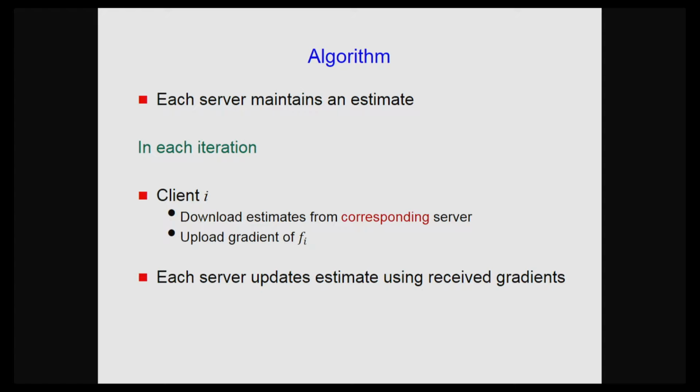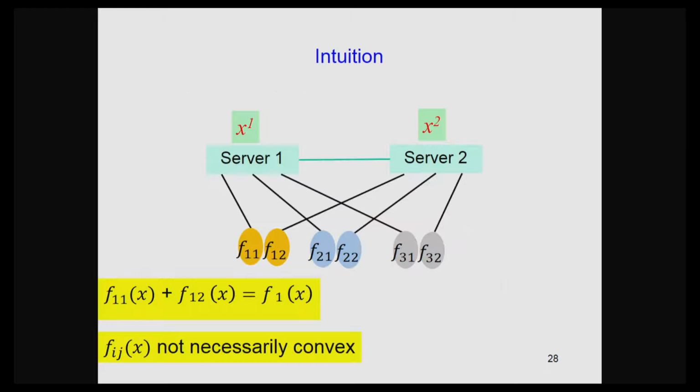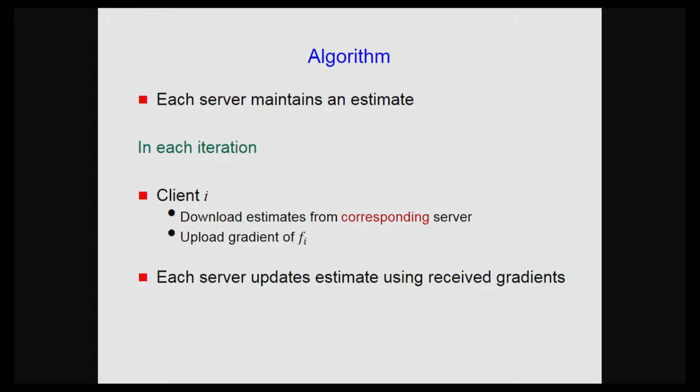Each server maintains an estimate. Each client downloads the estimate. And when I say each client now, I mean each of these simulated clients. Each client downloads the estimate from his corresponding server and computes the gradient of his cost function, in this case f11, and uploads the gradient. The server does the usual thing, receives the gradients, accumulates them, does a gradient step.